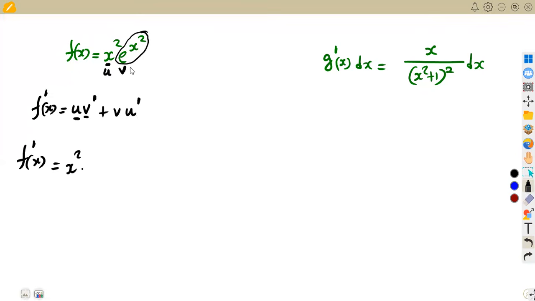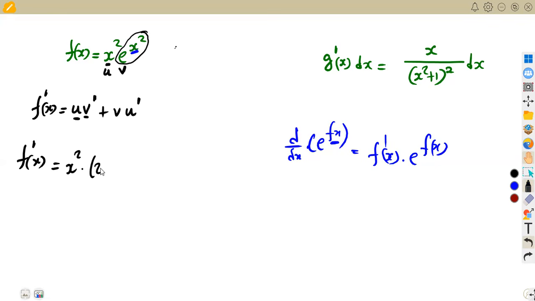So how do you differentiate e to the exponent? Remember the derivative of e: if it is e to the exponent of f of x, the derivative with respect to x gives us f prime of x times e to the exponent of f of x. So we need the first derivative of the exponent. The first derivative of x squared gives us 2x.